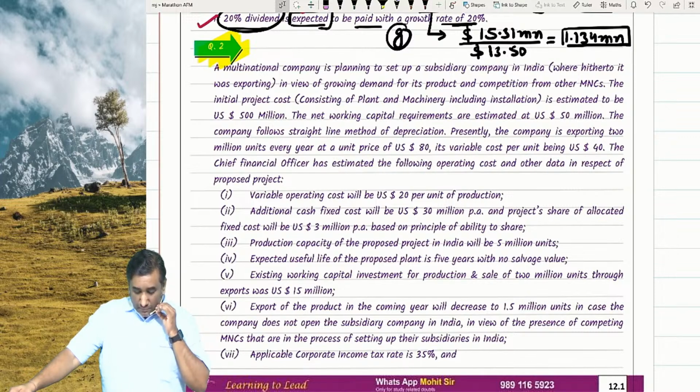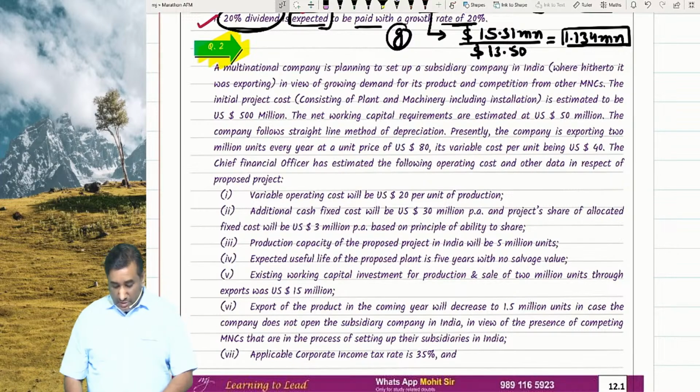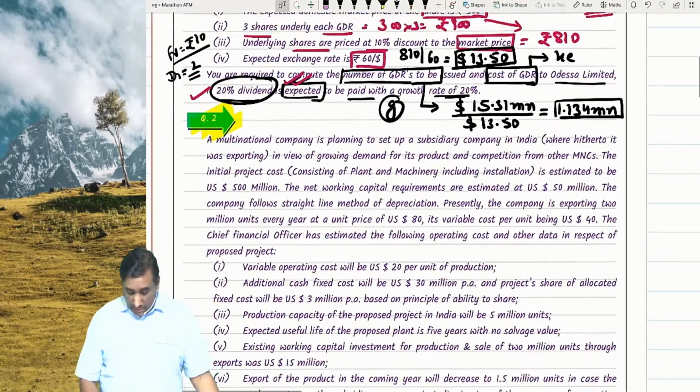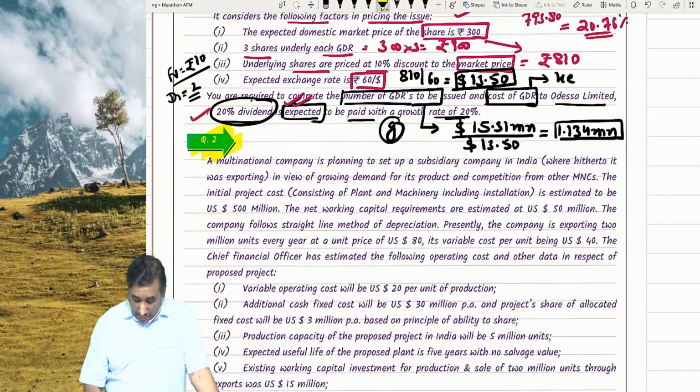Question number 2, in which you have a multinational company planning to set up a subsidiary company in India, where hitherto, that means earlier, it was exporting. In view of the growing demand for its products and competition from other MNCs.